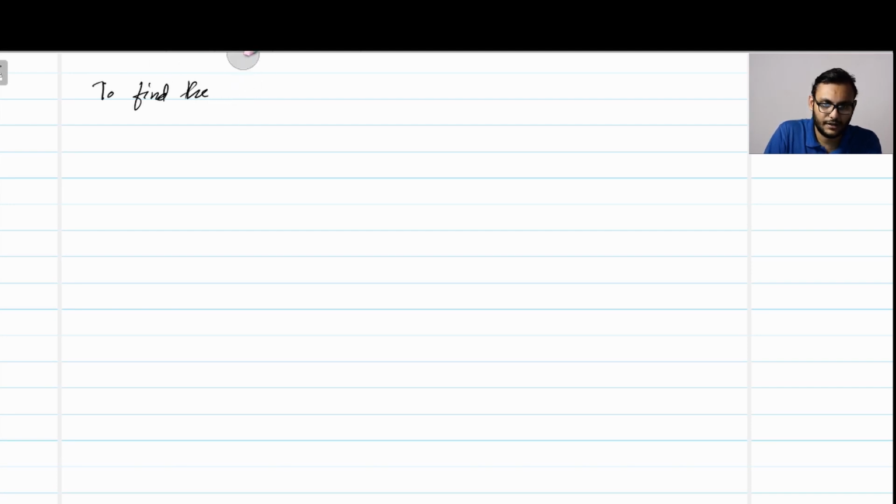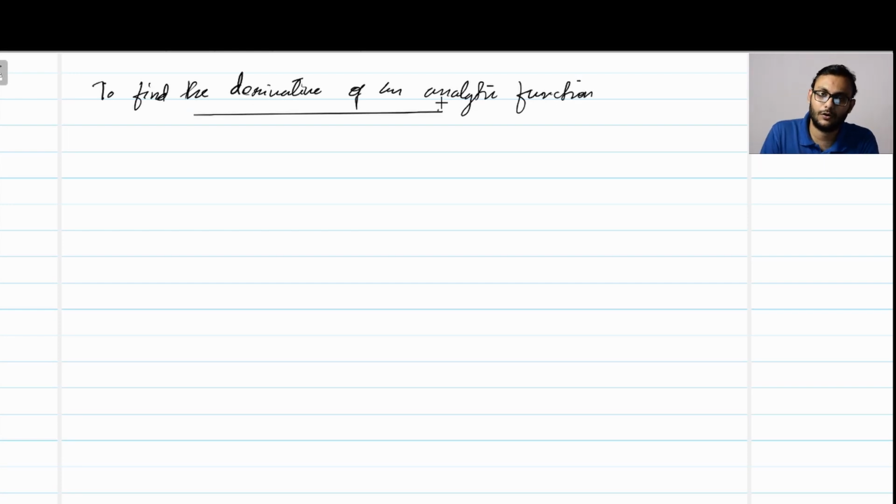To find the derivative of an analytic function, I am giving the most general formula so that whatever order of differentiation it is, we can find it.